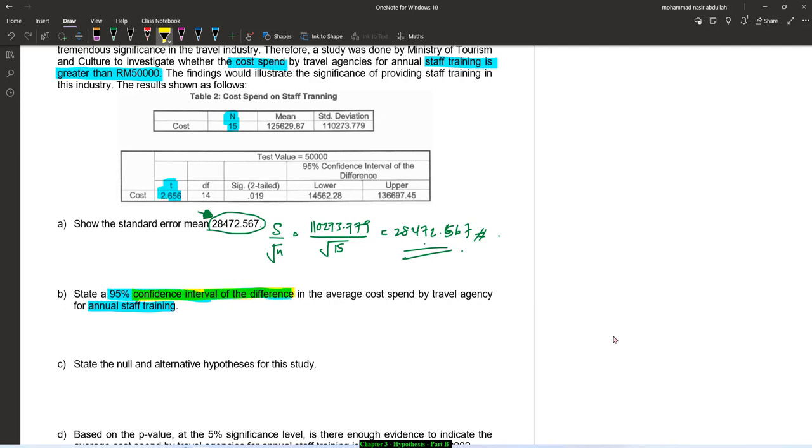Dia kata state saja, bukan calculate lah. So state lah, 14562.28 until 13667.45. Just take from here. Okay.